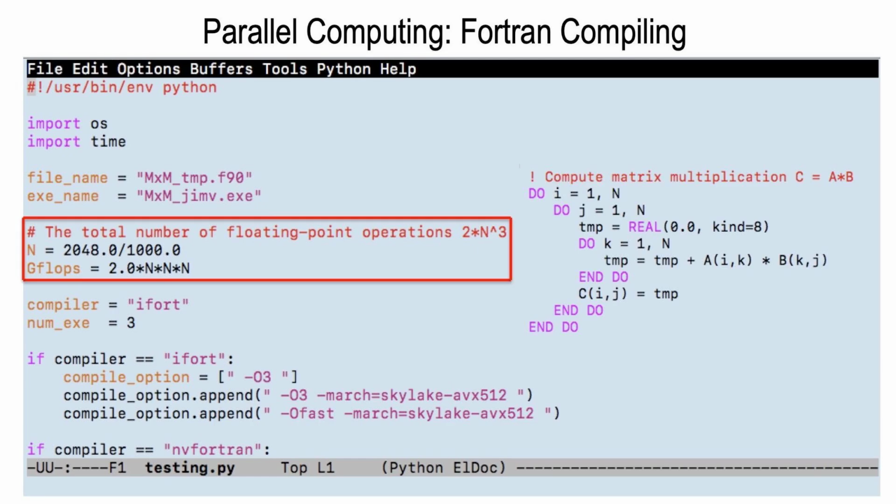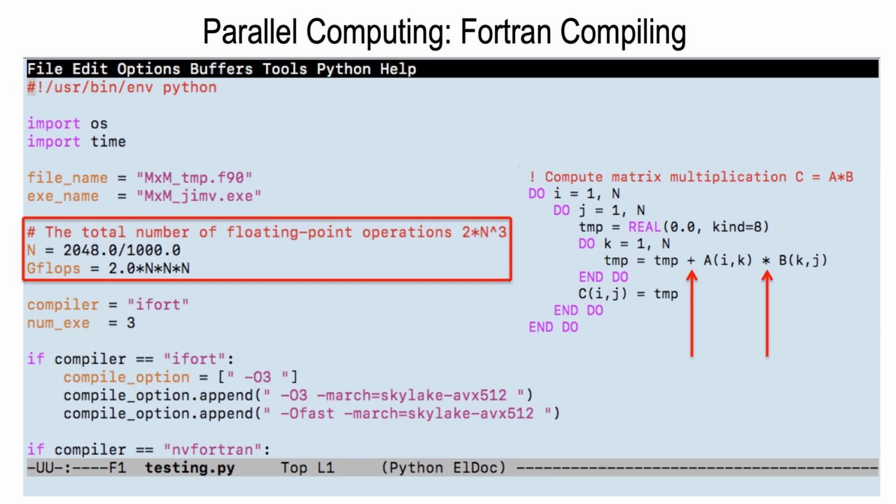Before diving into compiler options, I've updated the Python script. The addition is the calculation of floating point operations, or flops, for matrices of size n squared. The flops for matrix multiplication are computed as 2 multiplied by n cubed. This considers the nested loops in the Fortran program, with each iteration involving one addition and one multiplication operation.